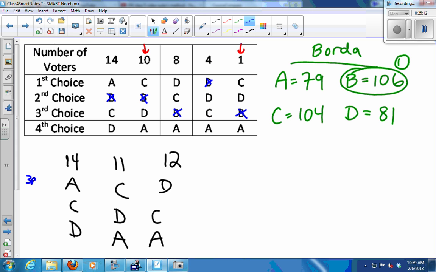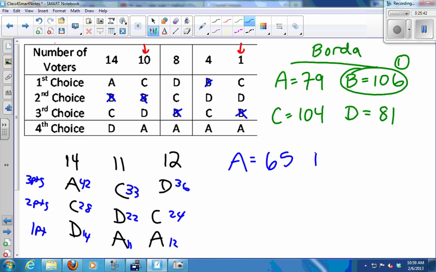So this is going to go 3 points, 2 points, 1 point. 3 times 14 is 42. 3 times 11 is 33. 3 times 12 is 36. 2 times 14 is 28, 22, 24, and then 14, 11, 12.